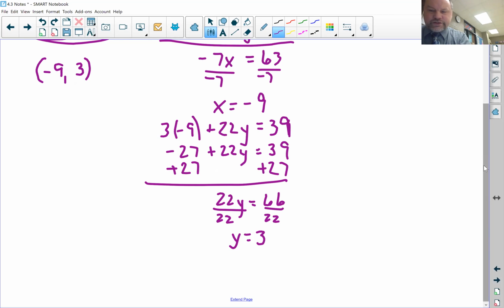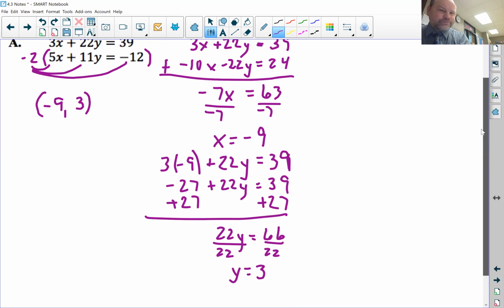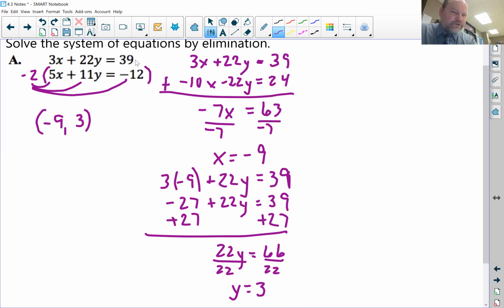Again, I'm going to check it to make sure. And because I've already used that first equation, I'm going to check it in the original second equation. So I'm going to take 5 times negative 9, which is my x value, plus 11 times 3, which is my y value, and see if that gives me negative 12.